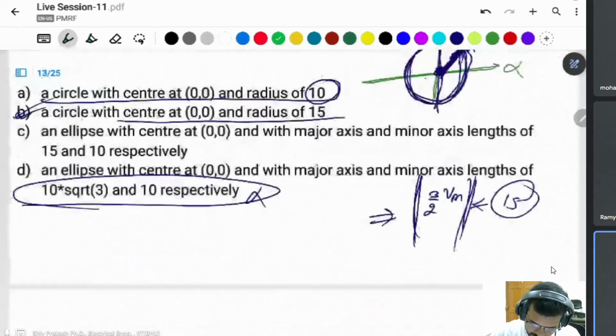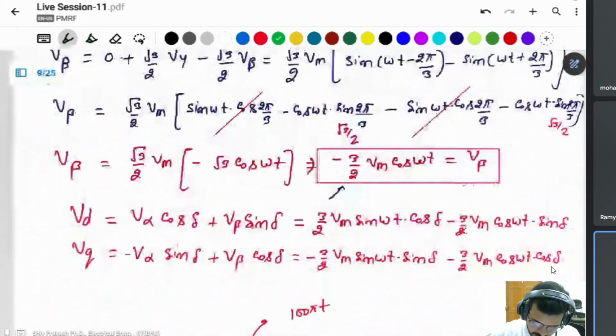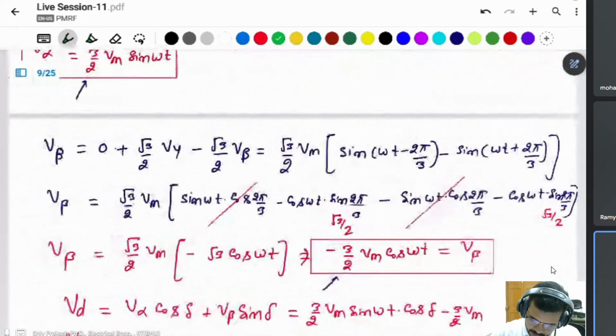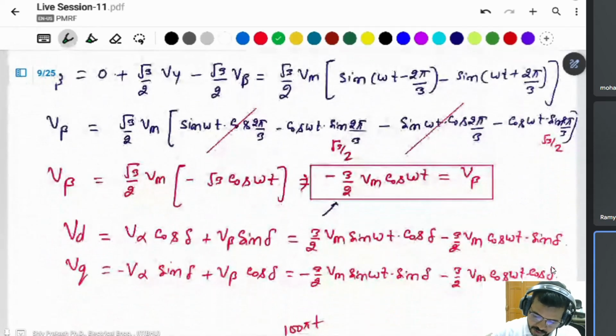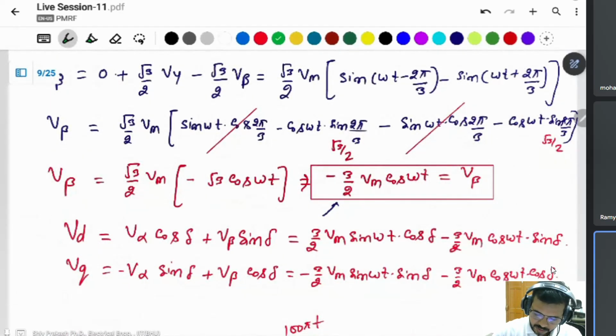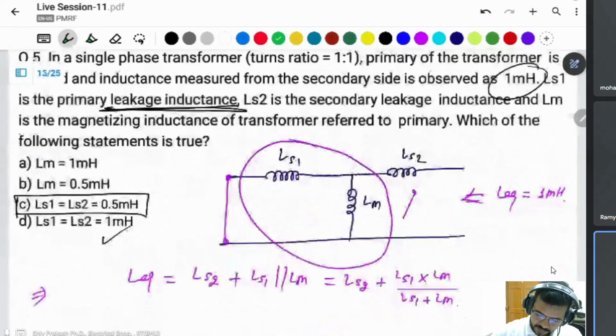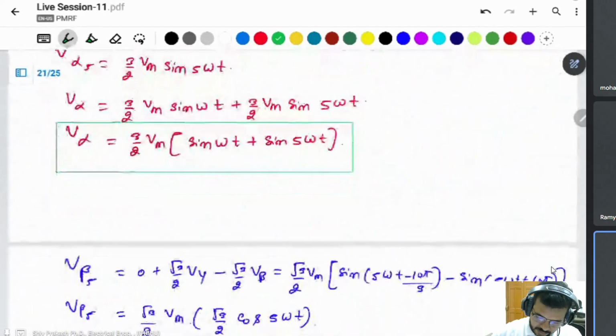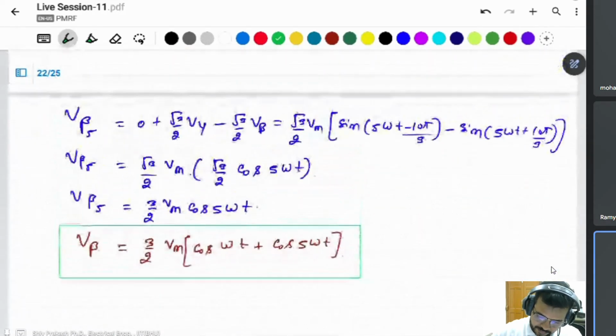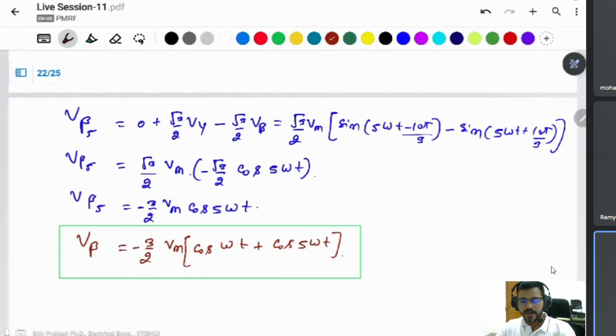Same thing here you can say, so this will be negative of minus 3/2. This is the doubt of this one, not a positive, with a negative Vα and Vβ.